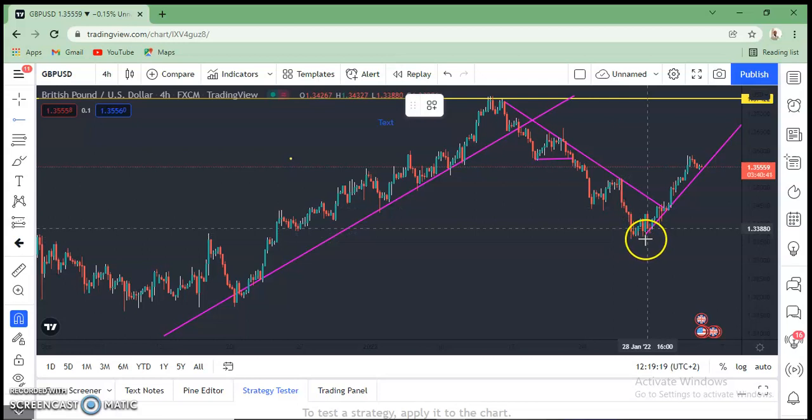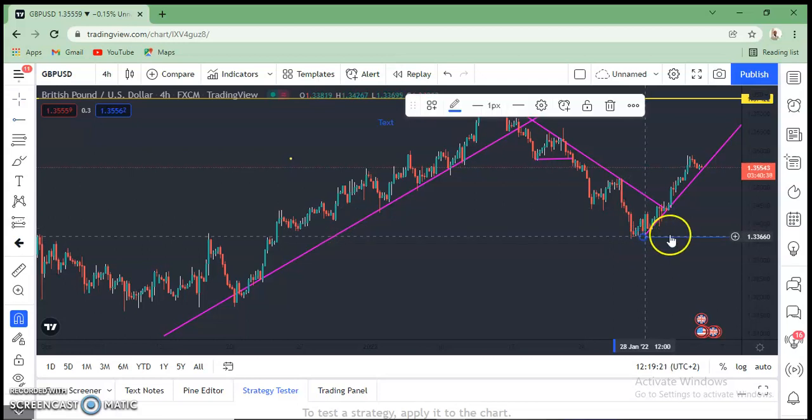You can see it moved from 1.3364. So the fifth digit, we don't actually count it. It is called a pipette. It makes very little significance. So we count from the fourth digit.